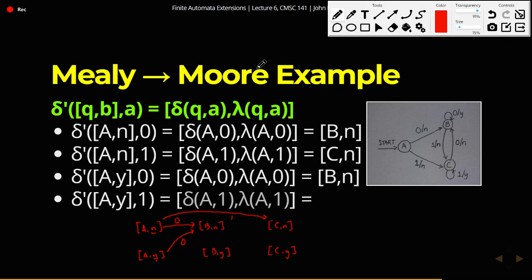And for Ay on 1, that's also the same. It should be Cn, because it doesn't really matter what the output symbol of the source state is. Whether that's N or Y, as long as it's on 0, that's basically still Bn. It's the same. And for AN and AY, as long as it's on 1, it still goes to Cn.